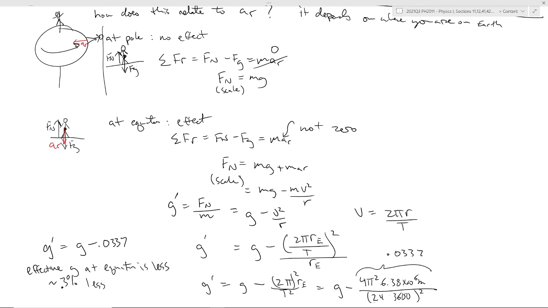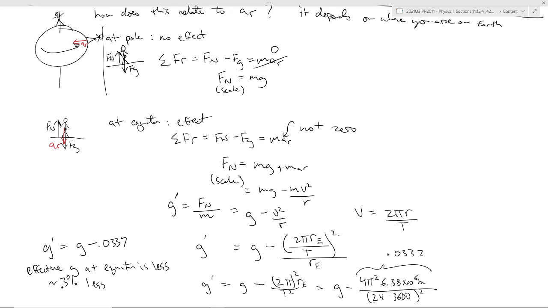Well, this gives you a sense that the centripetal acceleration relative to the acceleration due to gravity at the surface of the Earth is a pretty small fraction. So 0.3% versus about 10 meters per second squared is pretty small.